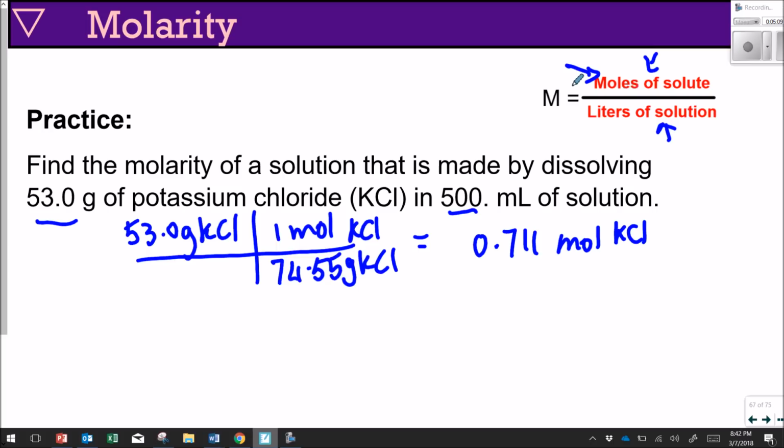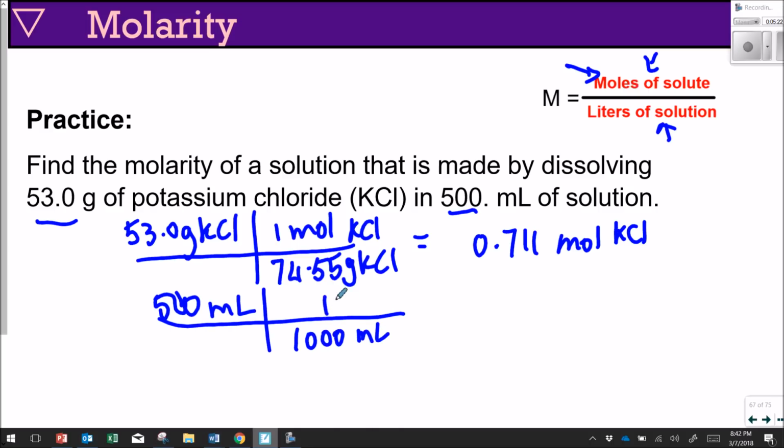Then I have to convert 500 milliliters to liters. So 500 milliliters, and I say that 1000 milliliters is 1 liter, and I get 0.500 liters. Now I'm ready to plug into my formula.